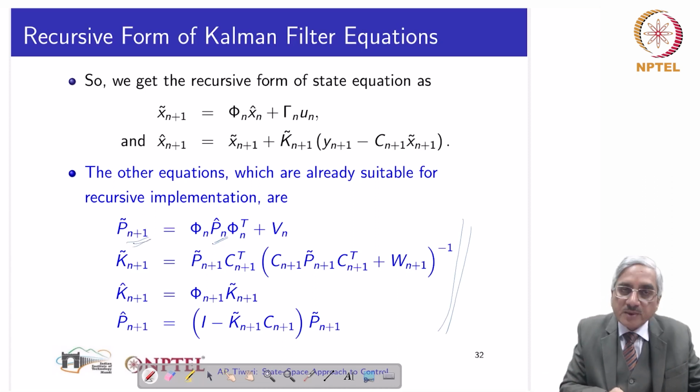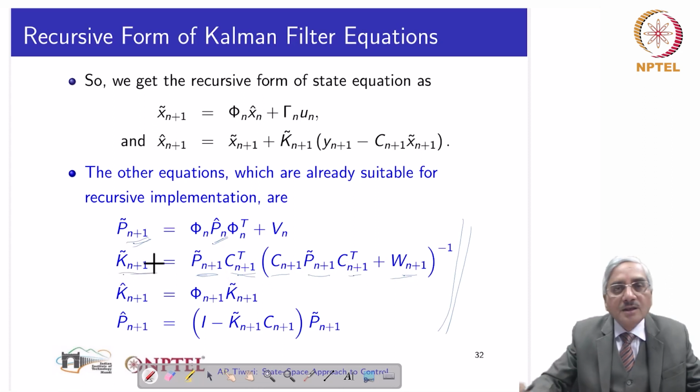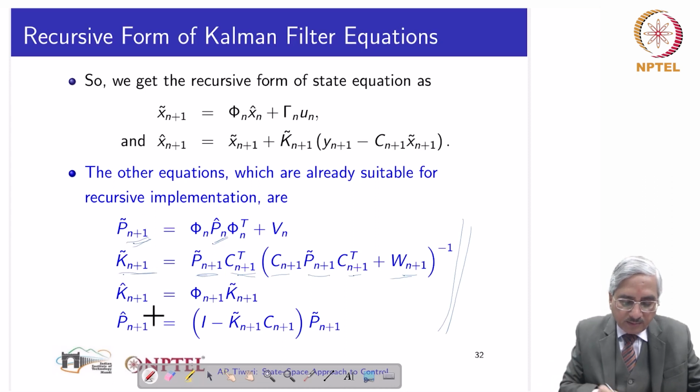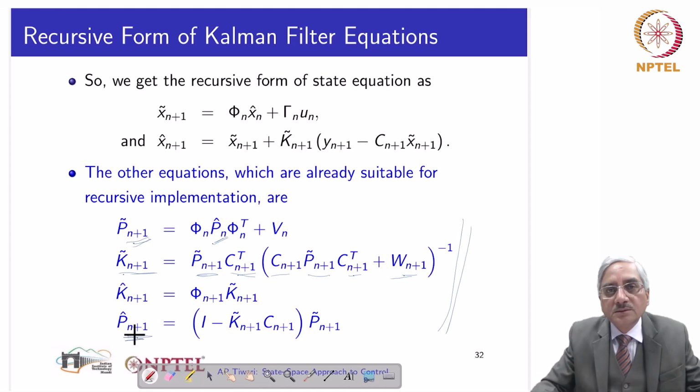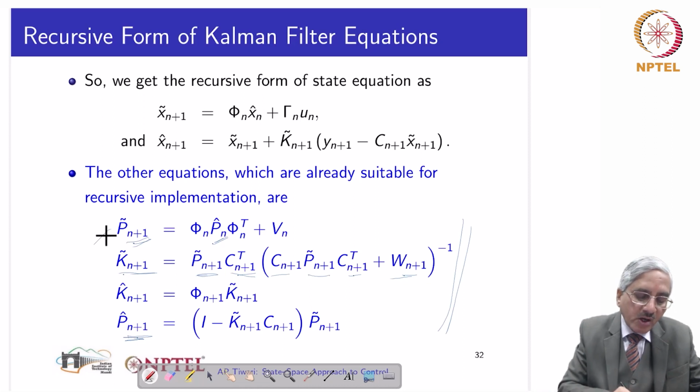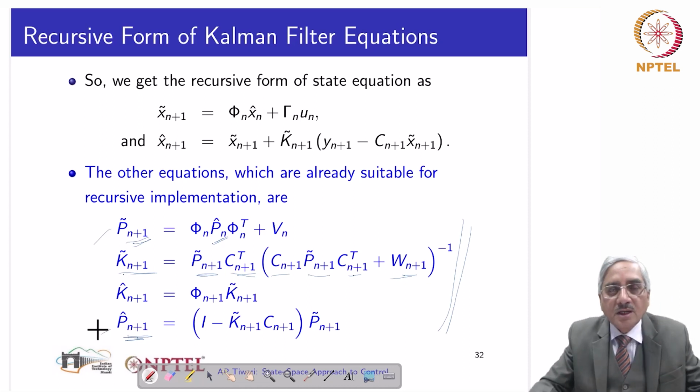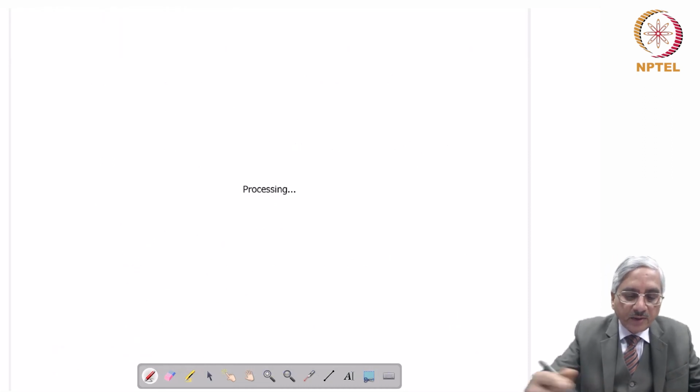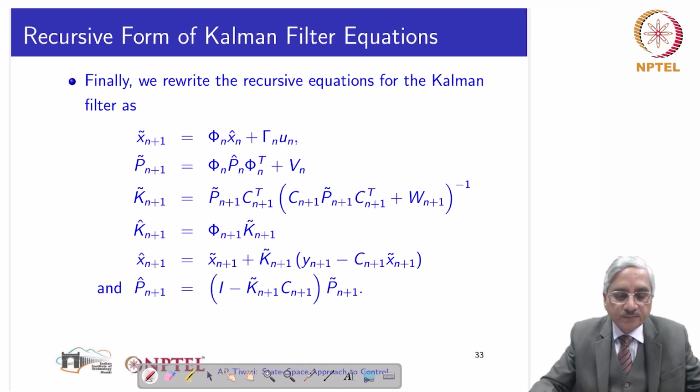From the knowledge of Pn plus 1 tilde and other things, which are either probabilistic parameters of noise and the output matrix, we calculate the Kalman gain K tilde, and from that we calculate the new P. So this is something a priori and this is a posteriori.